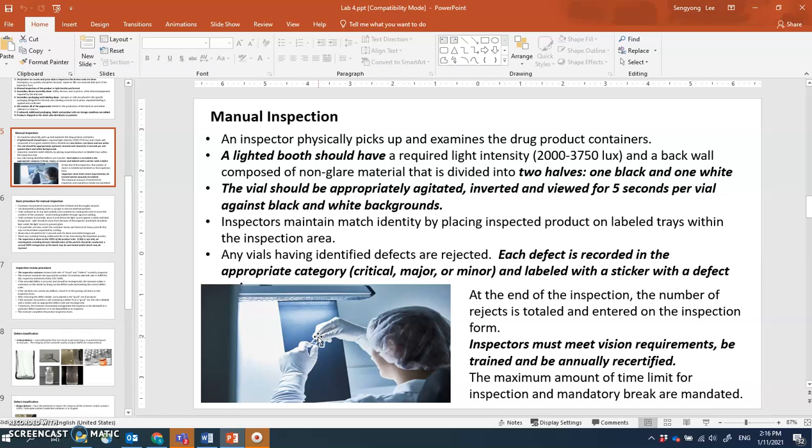That will help you identify it. Once that's done, you look at it for about 5 seconds, and then you invert it and look at it again. You do that against the white background and against the black background as well. So agitate it, invert it, look at it for 5 seconds, and then go to the different background and do the same thing.